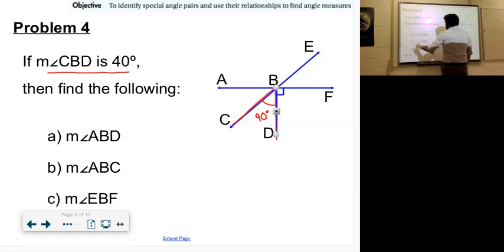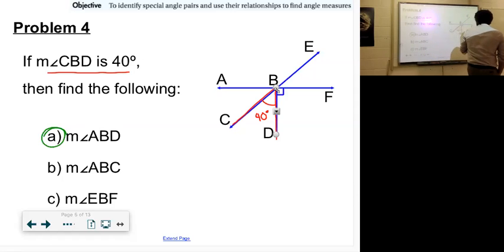So first part is find the measure of angle ABD, right? So we're working on question part A right now for ABD, and ABD is this angle right here. Now, we talked about not to assume yesterday, and we always want to keep that in mind, don't assume. But if you notice right here, this is a 90-degree right angle notation, which means that this angle right here measures 90 degrees.